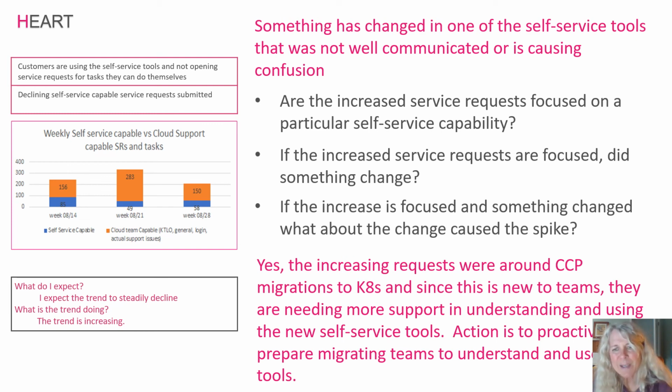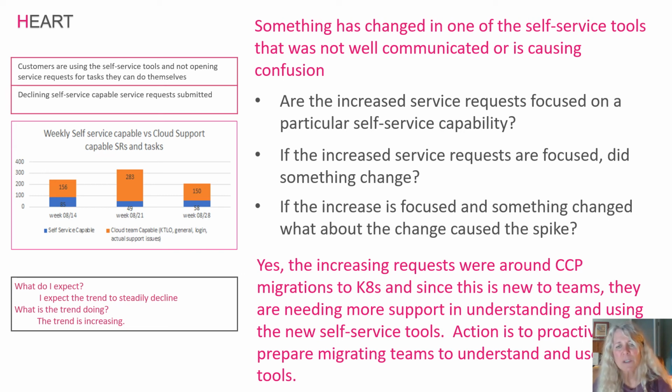So in this case, the team did all those activities and they did find their answer. And what happened is there's a bunch of applications that are in containers on the cloud that are migrating from the CCP platform to the Kubernetes platform.